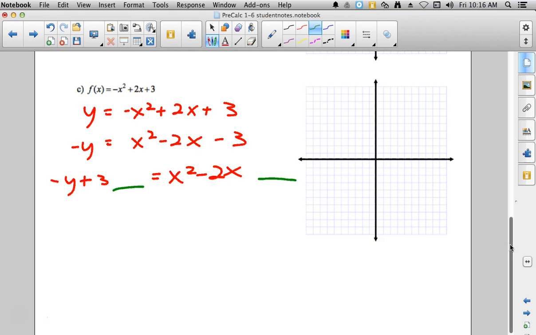That's a little formula. B over 2 squared. What do we need? 1. -2 divided by 2 is -1. Square it, and you get a 1. So how do we write that perfect square trinomial?